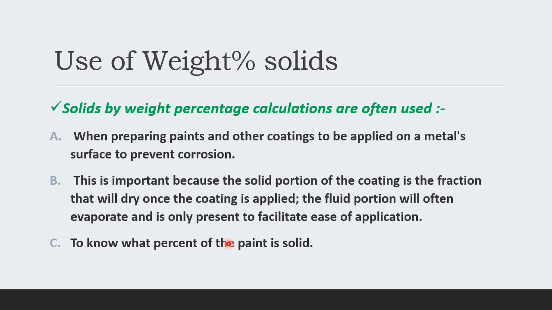These ingredients provide almost 80 to 90% of the physical properties of the paint: flexibility, corrosion resistance, gloss, and even adhesion. So solids are very important to know before choosing or selecting a paint for any kind of coating or application.